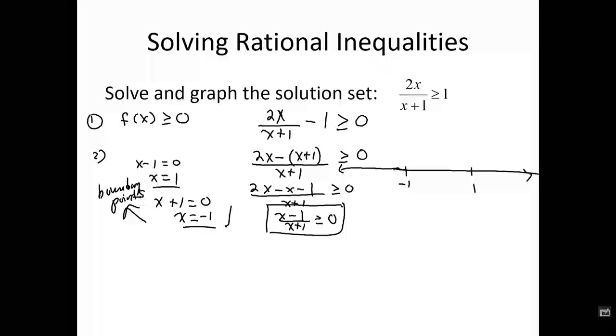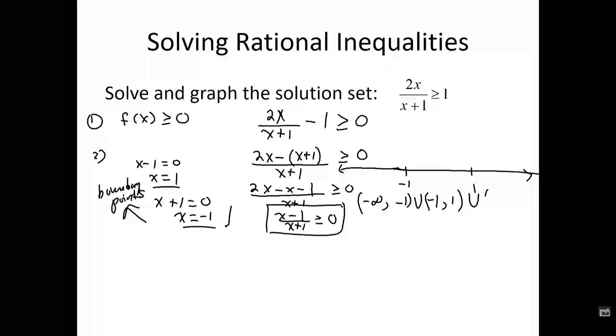And these boundary points, minus 1 and 1, divide the real number line into 3 intervals. Namely, the set of all real numbers less than negative 1, and all of the real numbers greater than negative 1 and less than 1.